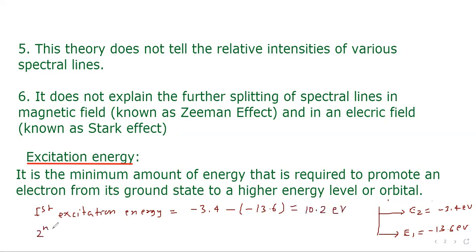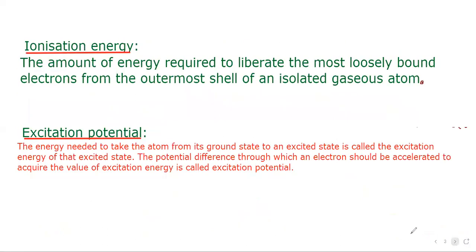Similarly, second excitation energy will be equal to, since E3 has energy minus 1.51 electron volts, so difference of the two, minus 1.51 minus of minus 13.6 will give 12.09 electron volt.